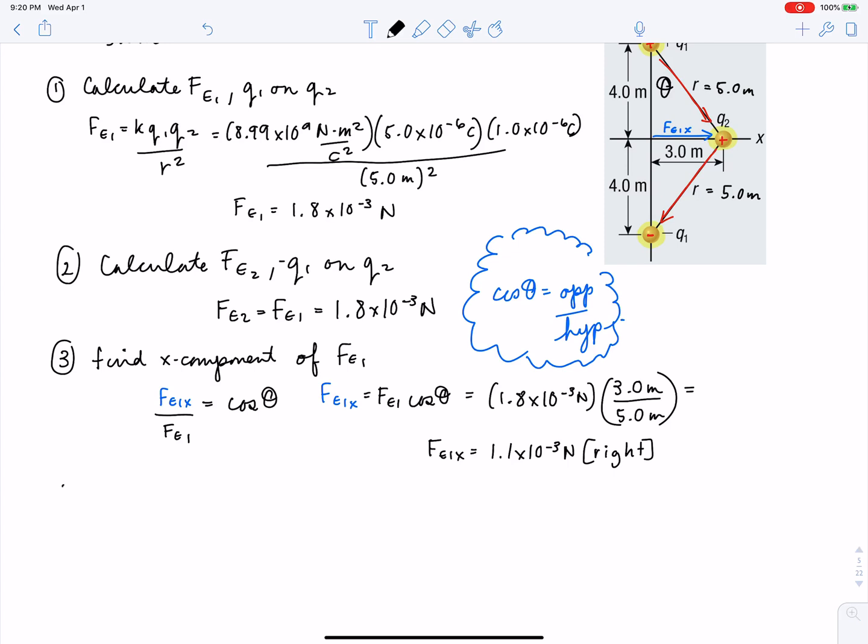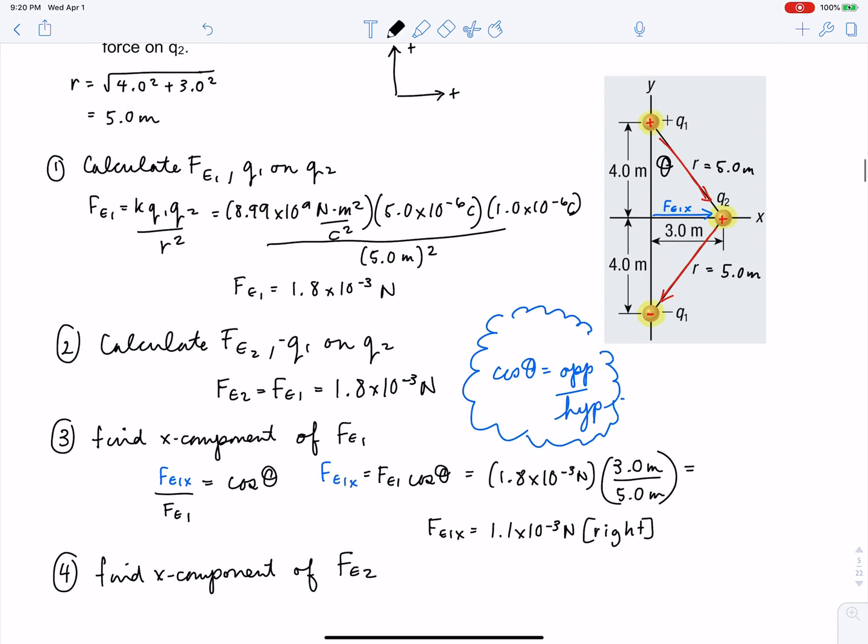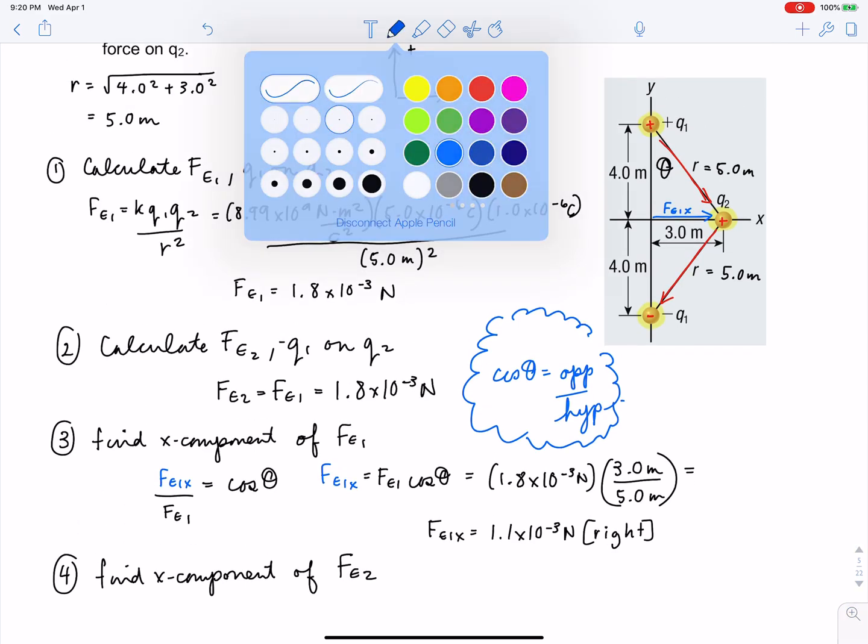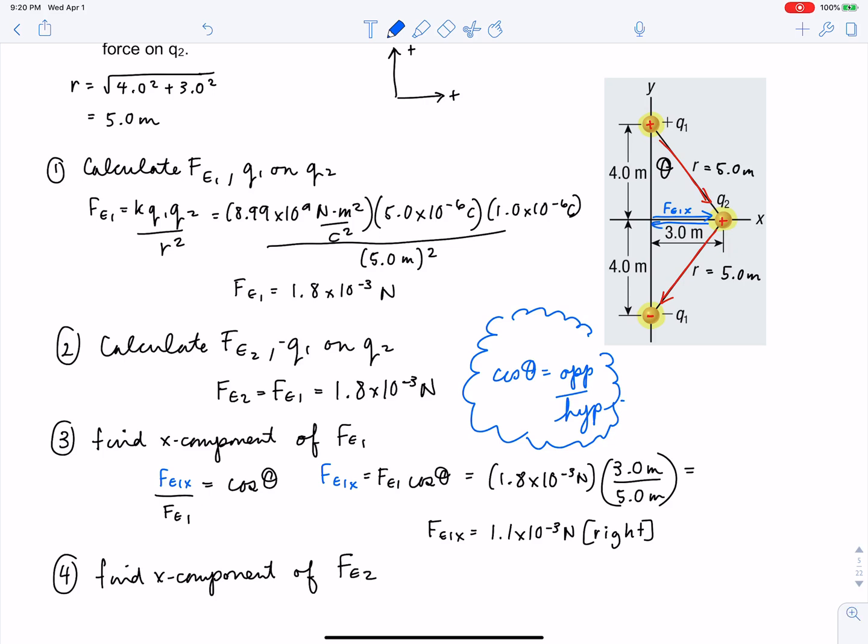Now let's find the x component of Fe2. So what we're finding is this component, Fe2x. By symmetry, we can see that the magnitude of this will be the same, but the direction will be opposite because we're dealing with one positive charge and one negative charge.